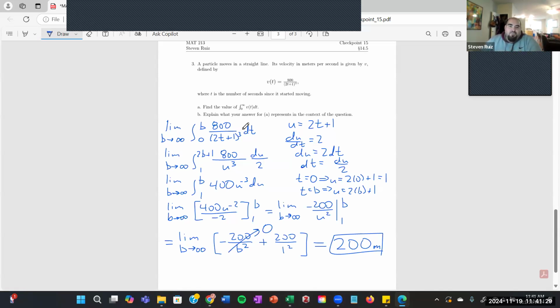That is how far it's going to move. Infinity is a very strange thing. It's very hard to describe in words, but that's how far it's going to move if I let it just continue moving unimpeded. It's going to move 200 meters. All right, so that is all we have for checkpoint 15.